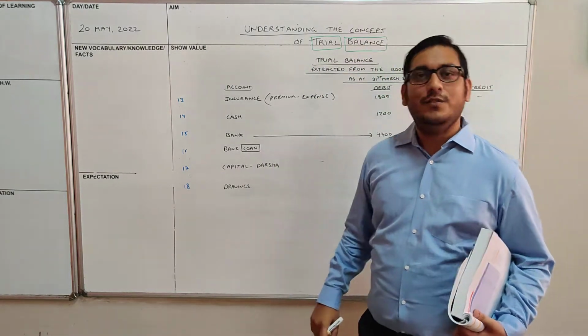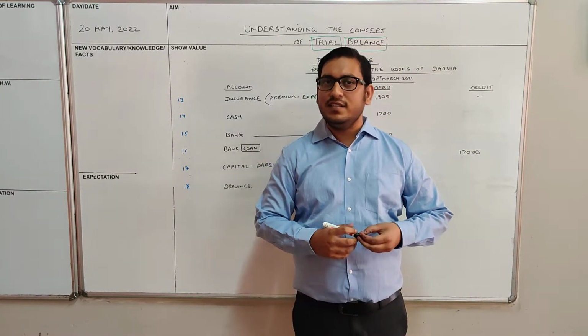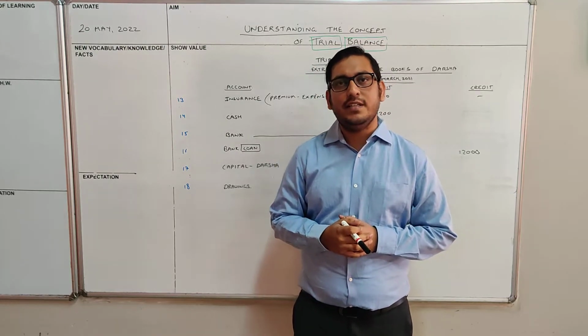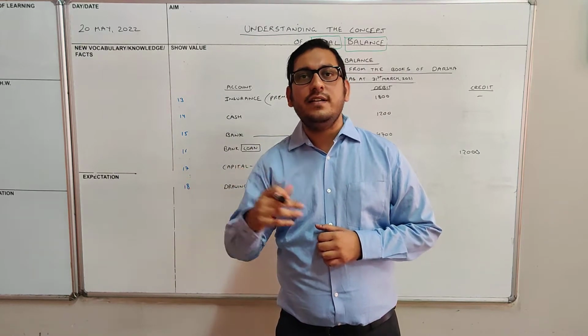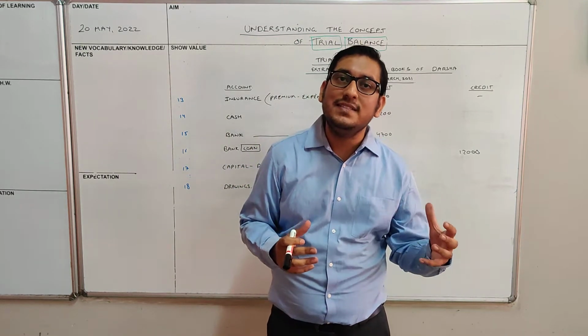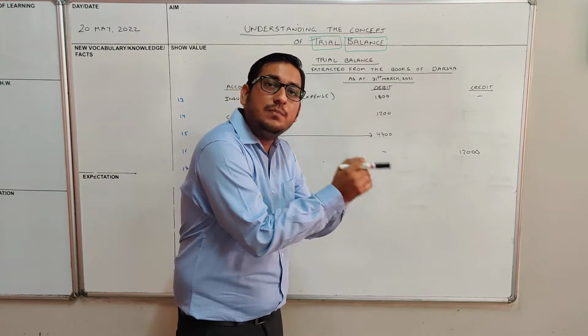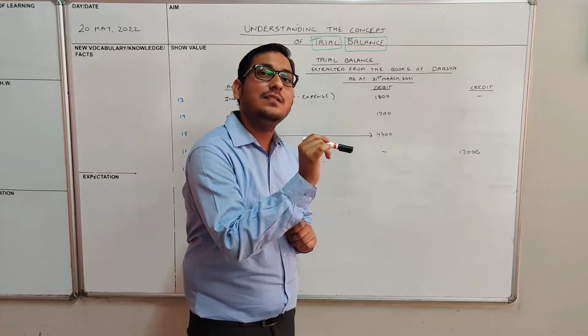Next, capital. We already understand capital is a liability for the business. We have understood the concept of separate entity in our previous classes. What is the separate entity concept? Separate entity concept suggests that the owner is different and the business is different. So when the owner deposited money into the business account, we have to make the transaction from the point of view of the business.